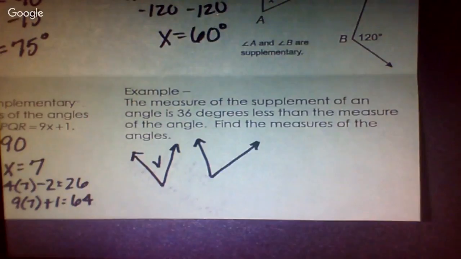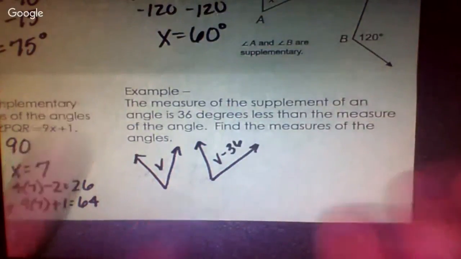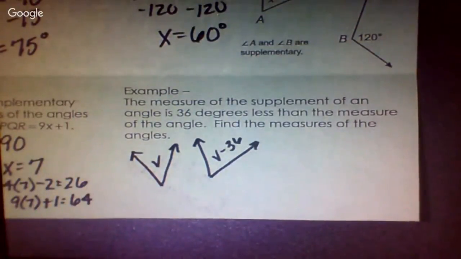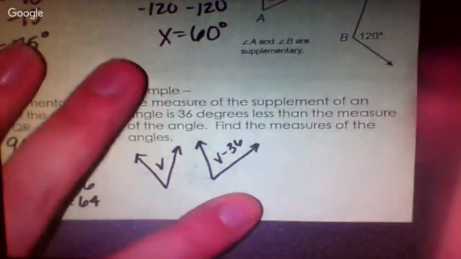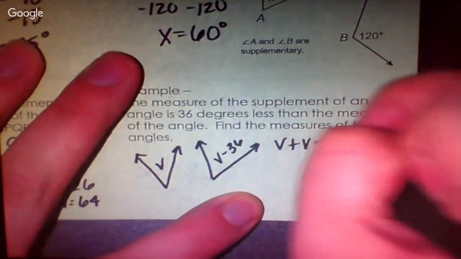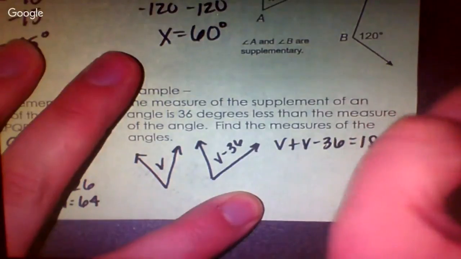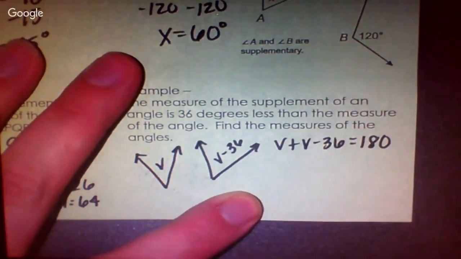How do I write 36 degrees less? V minus 36. Okay, so one angle is V and one angle is 36 degrees less, which means V minus 36. And again, they're still supplementary, so when you add them together, they should equal 180.